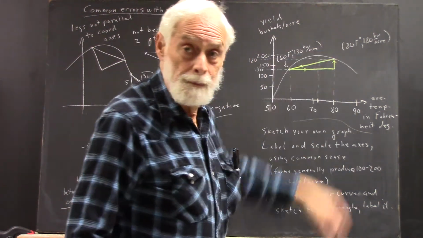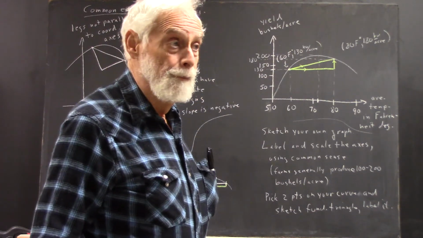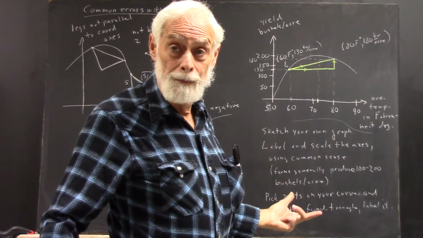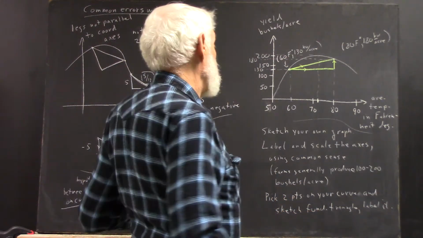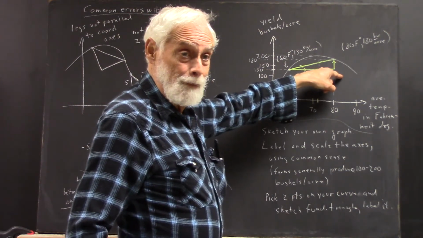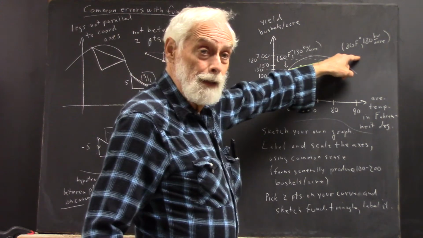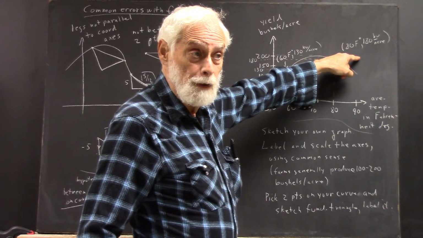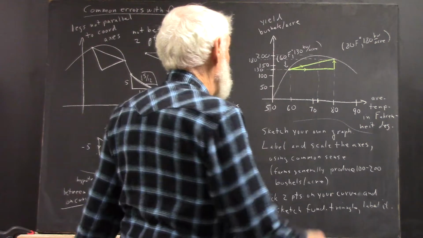And I'll label my legs, right? Well, this leg goes from 60 to 80. That's a no-brainer. It's 20, right? If you ever get confused, you subtract where you start from where you end, right? You start at 60, you end at 80, so you subtract 60 from 80. Okay? Subtract where you start from where you end. And that's 20.